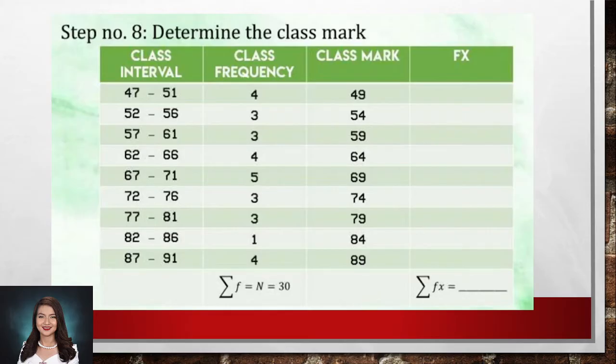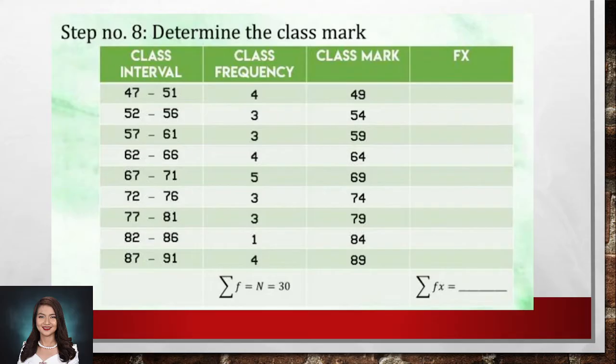For example, in the first group, we have 47 plus 51, and if we divide it by 2, we get 49. 52 plus 56 divided by 2, we get 54. 57 plus 61 divided by 2, we get 59. 62 plus 66 divided by 2, we get 64. 67 plus 71 divided by 2, we get 69. 72 plus 76 divided by 2, we get 74. Until 87 plus 91 divided by 2, we get 89.